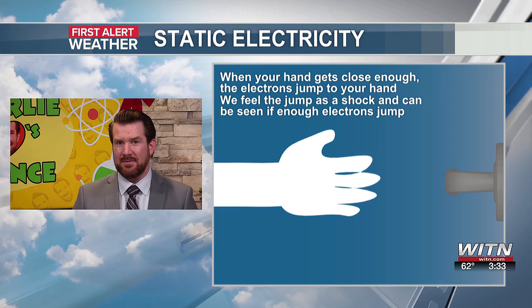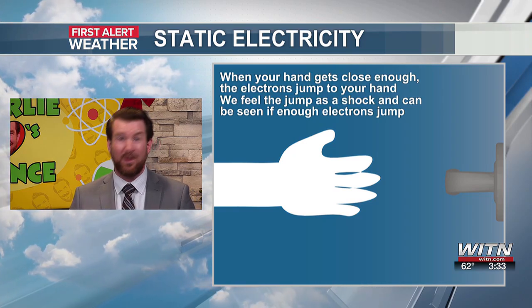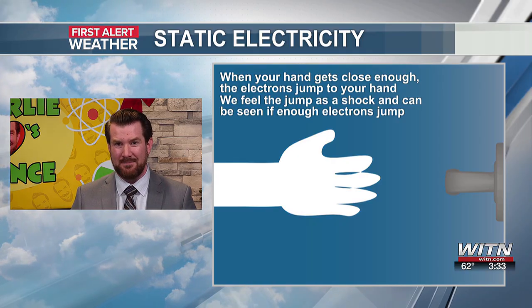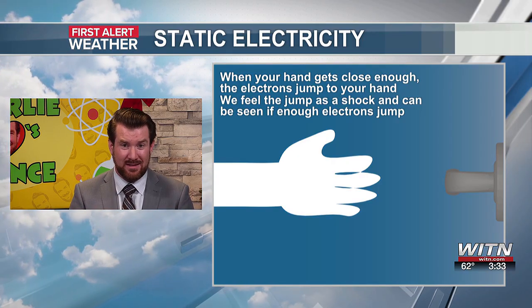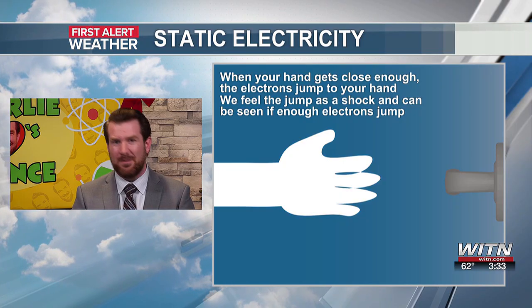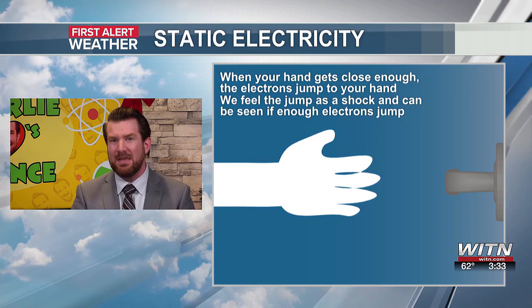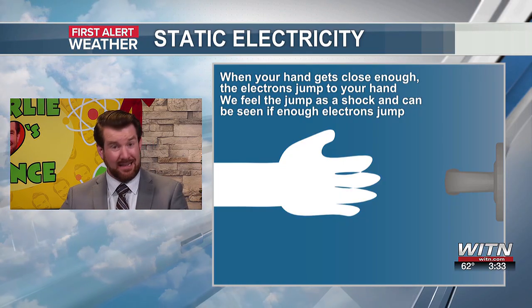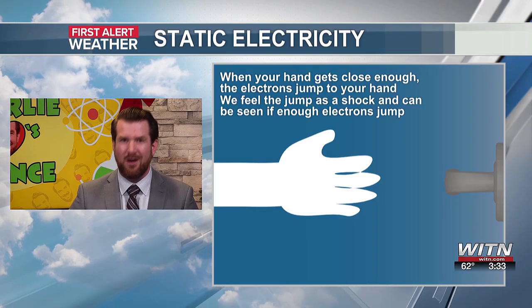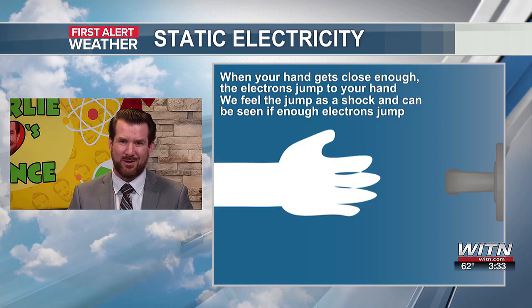Now, normally, each shock consists of around 1,000 to 10,000 volts of electricity. The reason why it's not dangerous is because the current is incredibly small, measured on a micro or even a milliamp scale. So it is a lot of voltage, but it doesn't flow in a strong enough current to cause us any sort of damage.